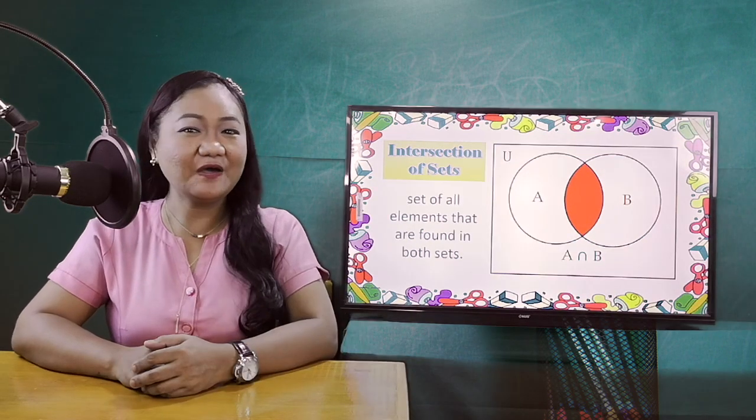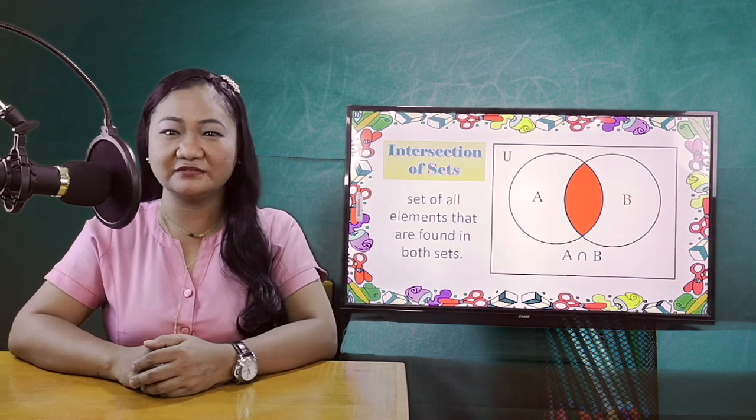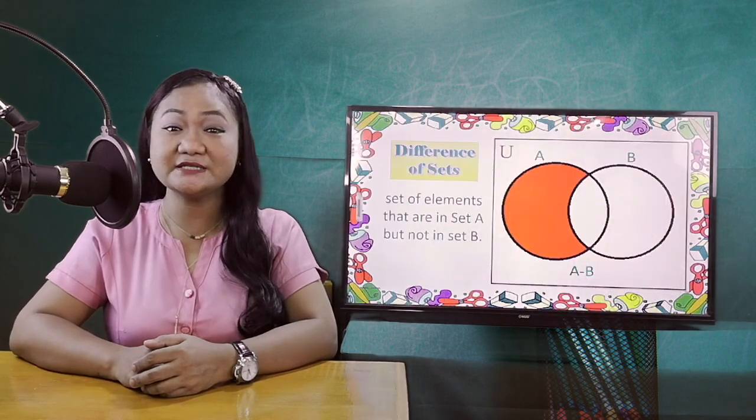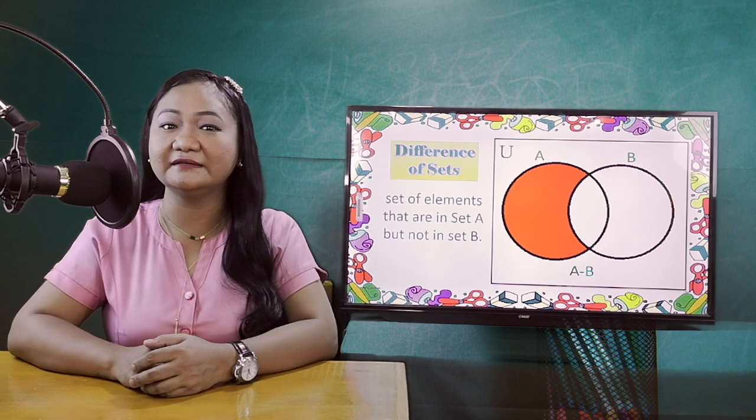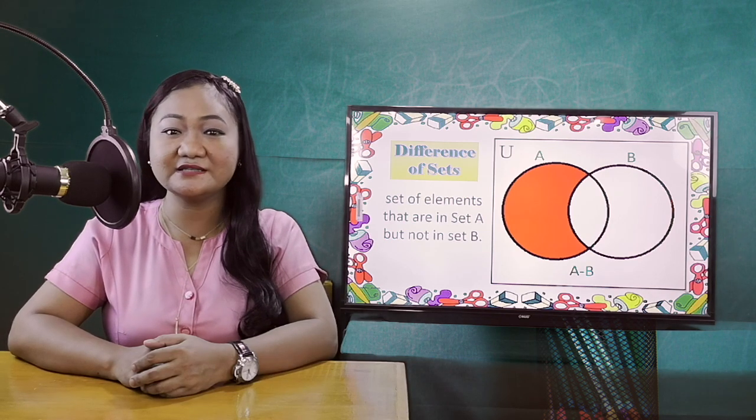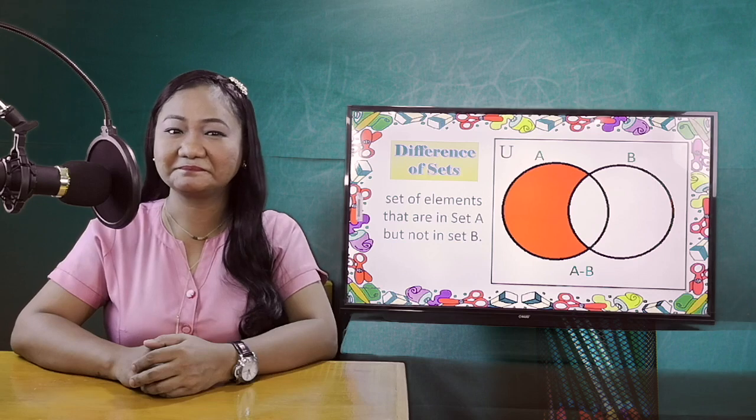Okay, how about the third set operation, which is the difference of sets? What does this operation mean again? How do we illustrate this using the Venn diagram?